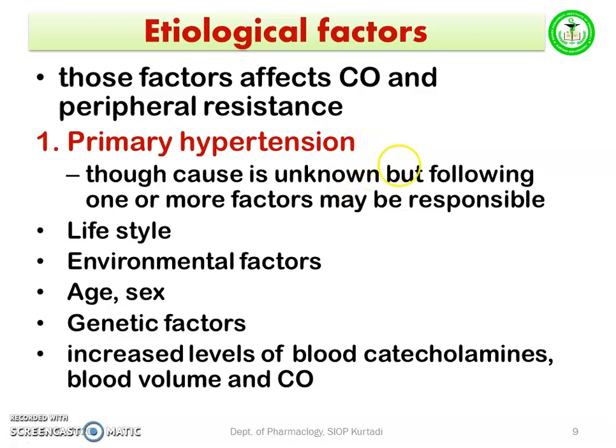Though the cause is unknown, the following factors may be responsible for the hypertension. You can select lifestyle, environmental factors, age and sex, genetic factors, increased levels of blood catecholamines, increased volume of blood, and increased cardiac output may be responsible for primary hypertension.